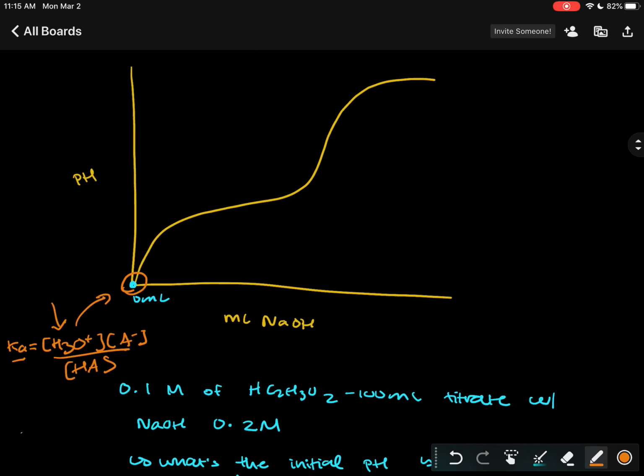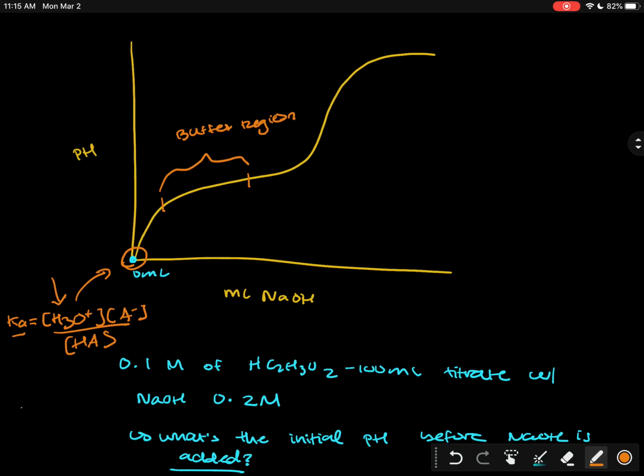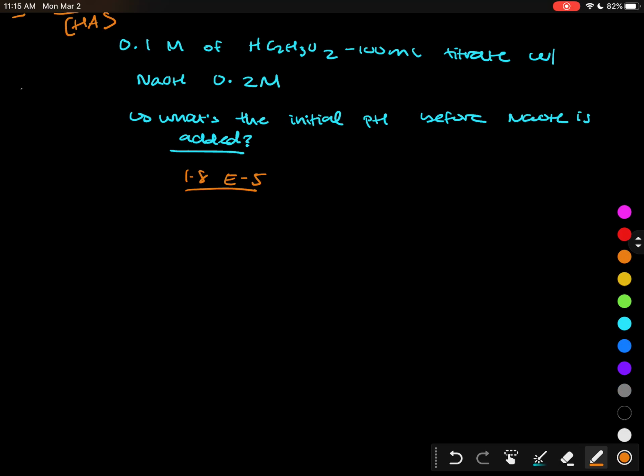Okay, so now let's look at any point in this region here. This is a really rough guess, so let's say this here is our buffer region. If we're in our buffer region and we're asked to solve, we can use the equation called Henderson-Hasselbalch, or HH, which I'm sure you guys are pretty familiar with now.